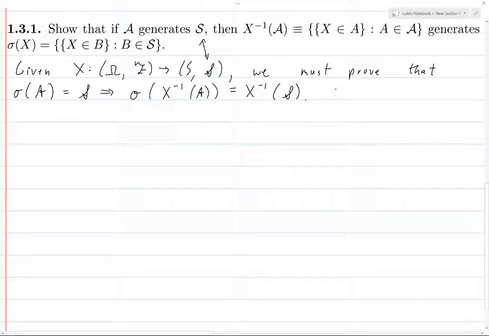So this direction, let's see here, am I doing this correctly?